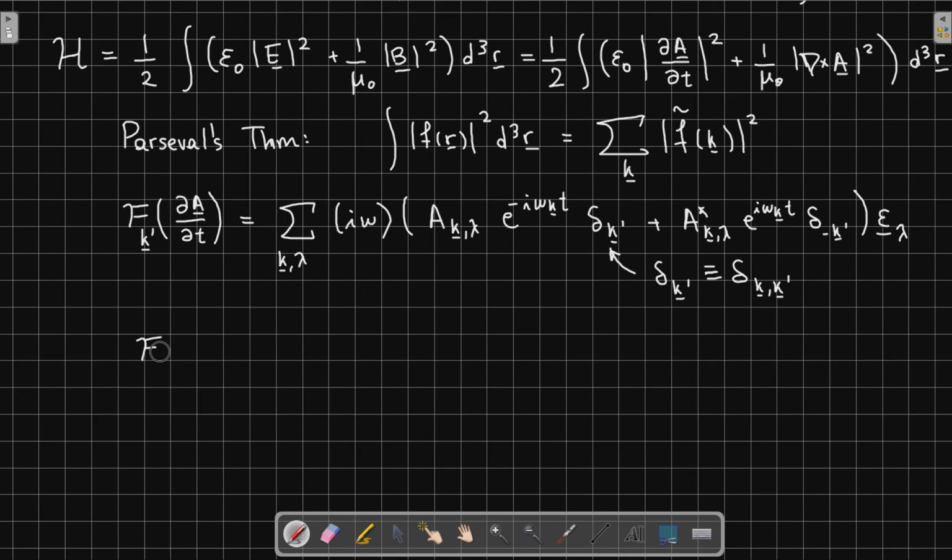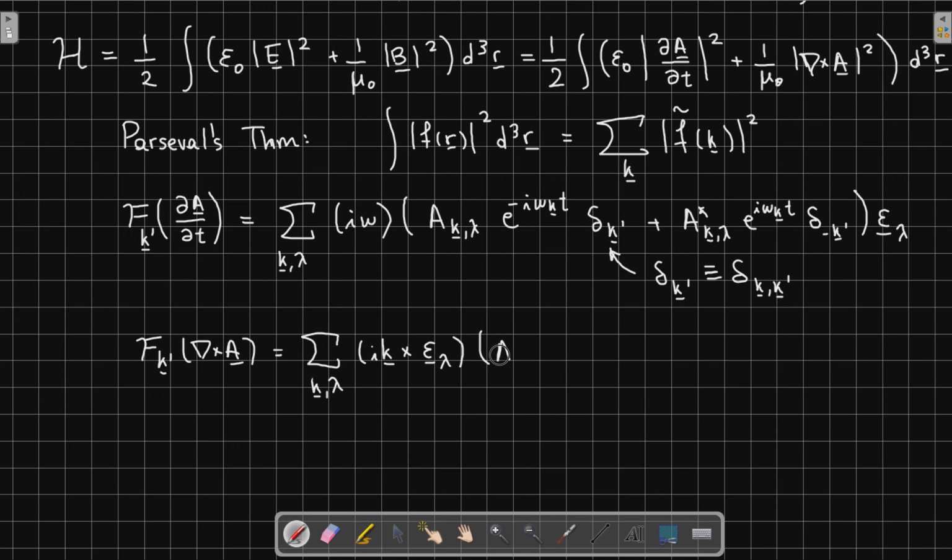We can also find the Fourier transform of the curl in a completely similar way. So we get the sum over k, λ of i k cross product e_λ, right? This comes from how you take the Fourier transform of the curl.